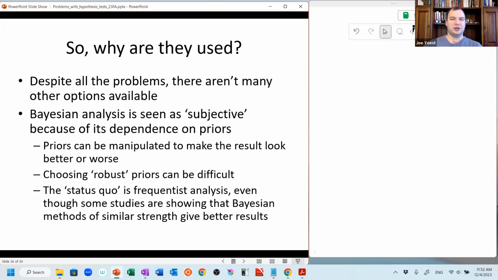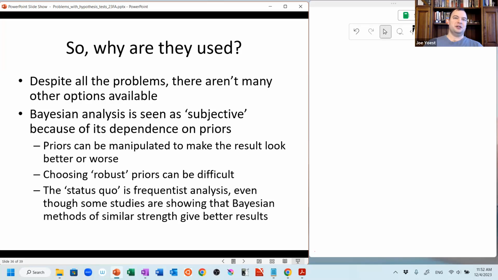Is that a good prior to use? Should I use only people that are in Pittsburgh or the greater Pittsburgh area, or Pennsylvania, right? What should my population be? So how do I choose a prior? It's not a trivial decision to make. Or even worse, in theory, I could intentionally choose a prior to help me get the result that I want to get out of the other side.